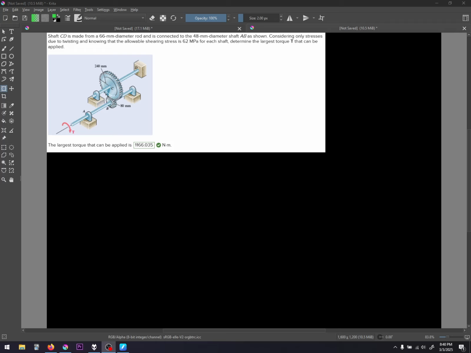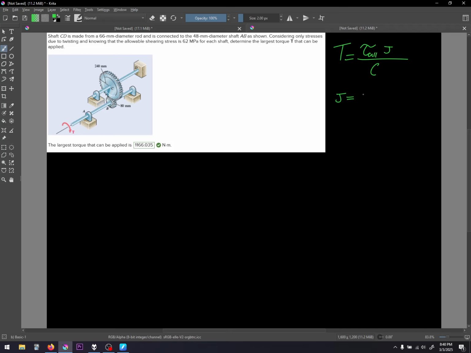Okay, so we have this equation here: the torque T is going to be equal to the allowable shearing stress times J over C. But we also know that J is equal to pi over 2 C to the 4th.